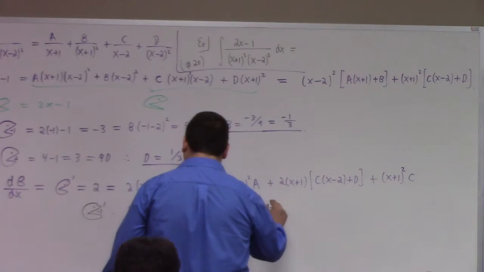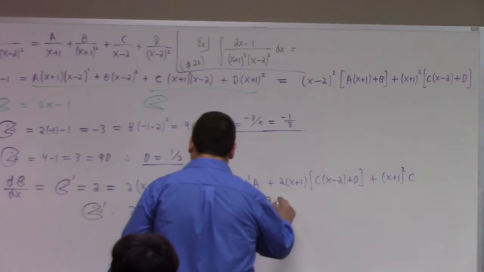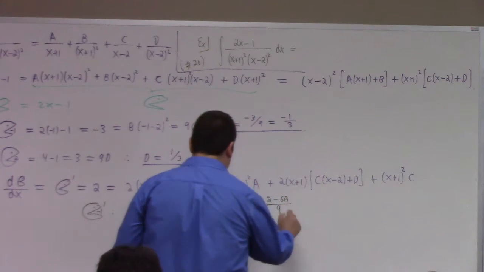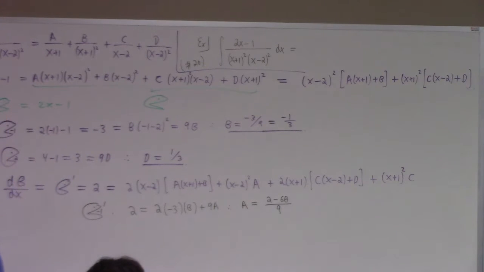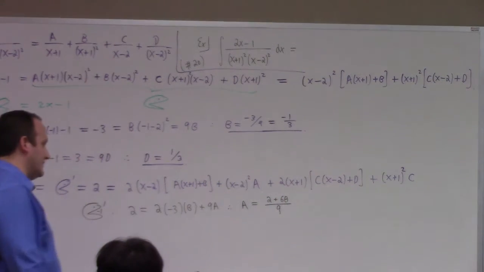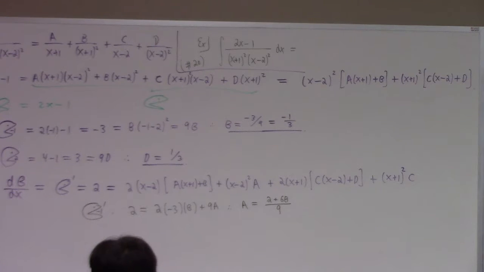A is equal to 2 minus 6b divided by 9, right? I should probably make that a plus 6b. I know you guys are going to correct me in a second. B is minus 1/3, right?